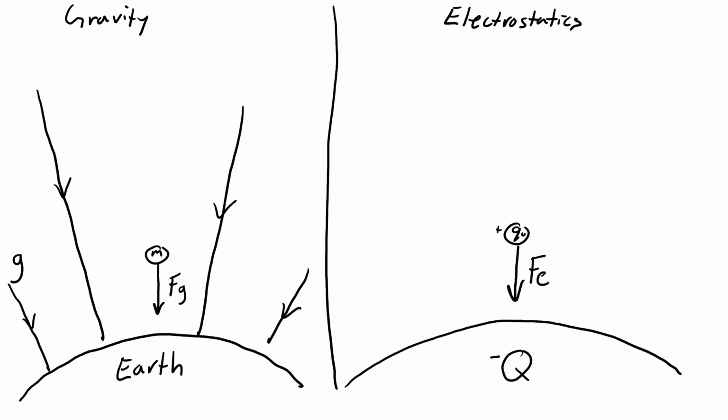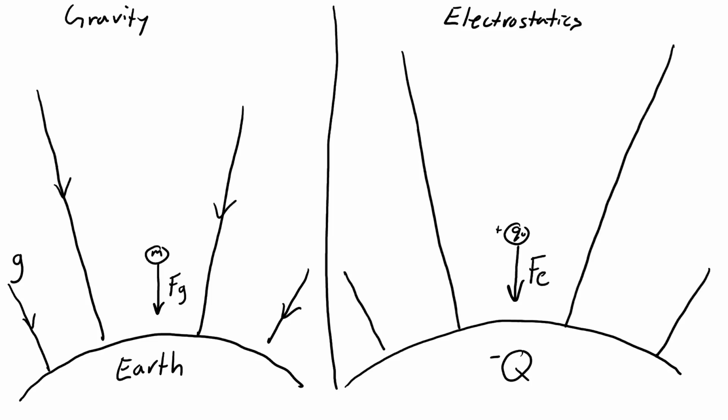Again, this electrostatic force arises because that charge is within the electric field of the source charge, which we can represent like this. And that field also gets stronger the closer you get. So there must be a way to measure the electric field strength. Instead of little g, the gravitational field strength, we use capital E, the electric field strength. We could write in the formulas for each of these.